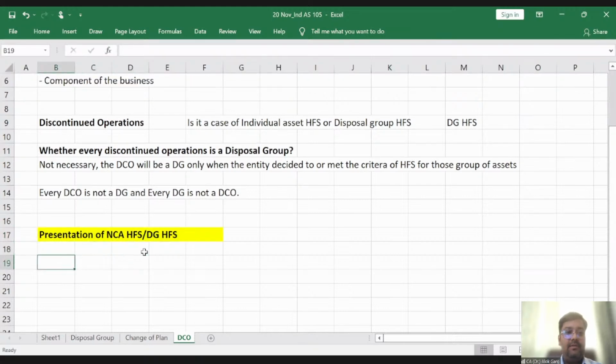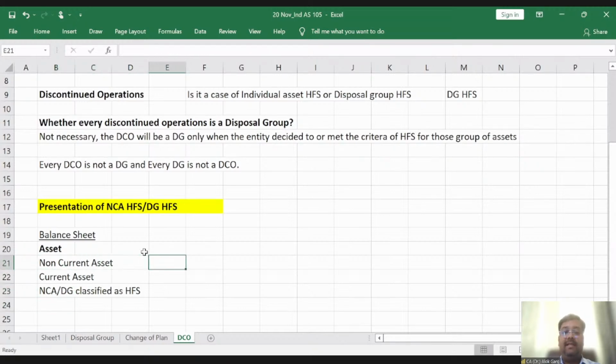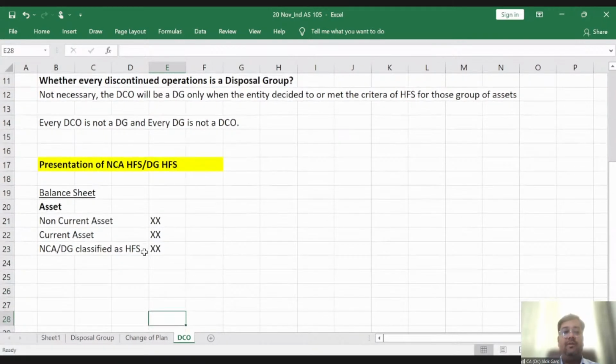In the balance sheet, there will be an asset, and under asset there will be a current asset and a non-current asset. Under current asset, there will be non-current assets or disposal group classified as held for sale, right? So these are the three categories under your balance sheet.